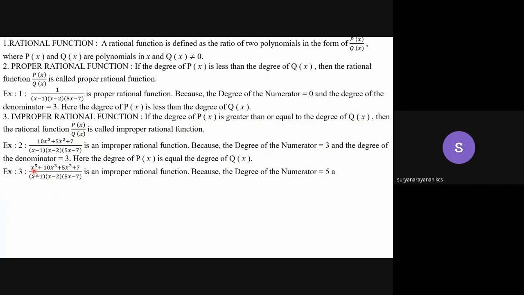What is the degree of the denominator? 3, sir.